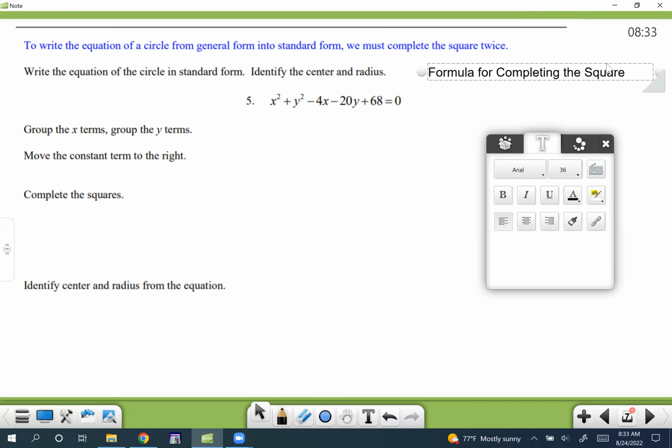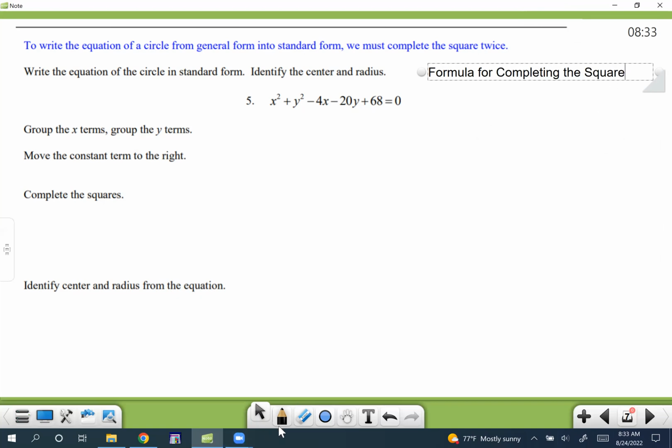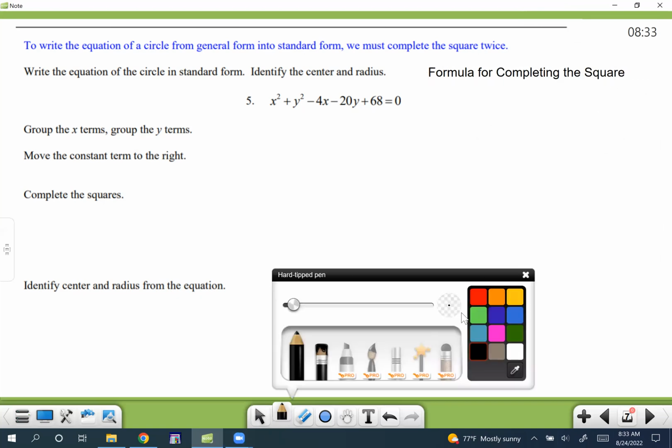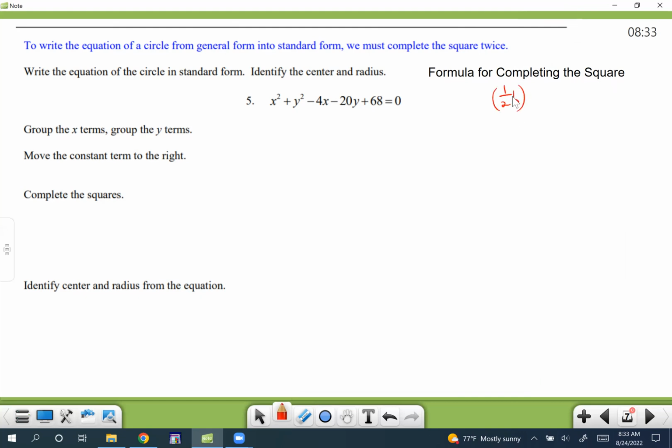Okay, so the formula for completing the square, you guys, is 1/2 of b squared. So this is not going to go away. We're going to be using this quite often throughout the year. We'll get back into conics again in chapter 7. We'll use it again. Okay.